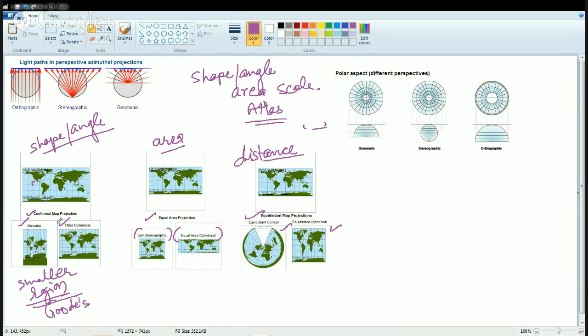Now, before we understand any of the projections in further detail, there are some terminologies we must be familiar with. First is understanding the difference between elevation or altitude, and the next is azimuth. So what is the difference between azimuth and altitude?